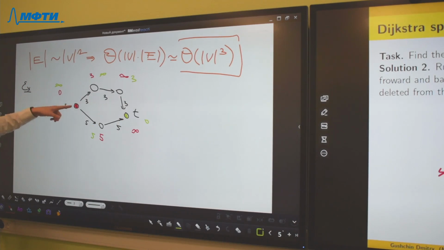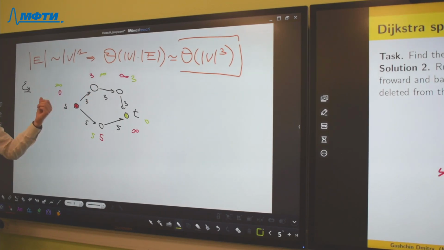Then we see we don't terminate these vertices. The vertex with the minimal distance to the source is 3.